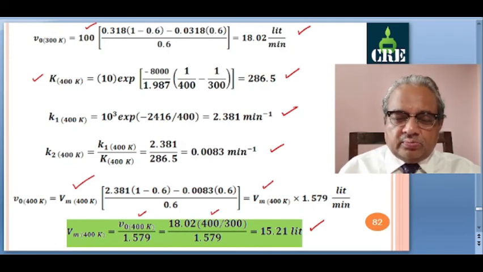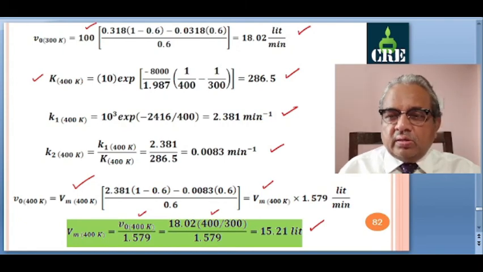So we will stop here today, and in our next lecture we'll start with the new topic, that is introduction to non-ideal reactors. So far we have studied ideal reactors and all the analysis we have done in ideal reactors for homogeneous cases, liquid phase reactions, gas phase reactions.